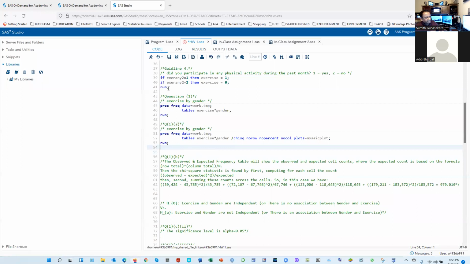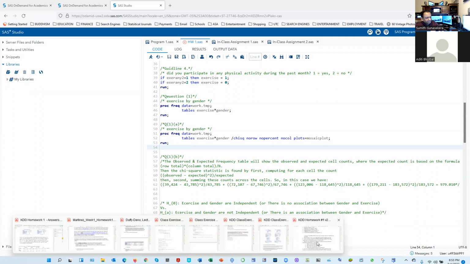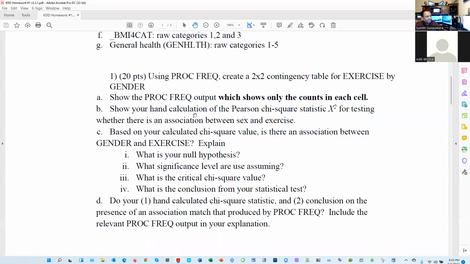And part B is the one where you show your hand calculation of the Pearson chi-square for testing whether there's an association between sex and exercise.